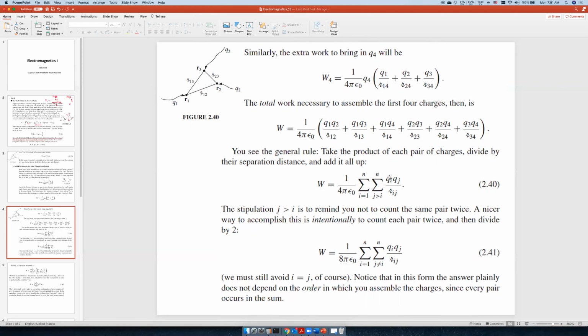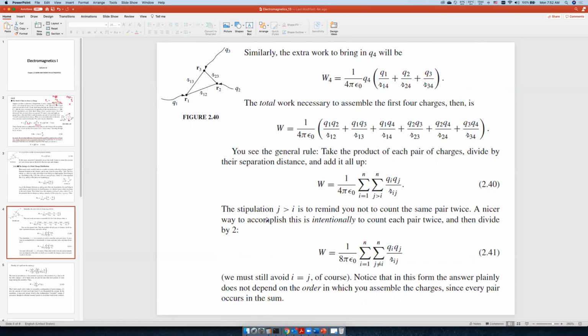For example, you can't have Qi over Rii, because Rii is not the work needed to generate the set of charges. It's the self energy of Qi. So we don't want the indexes to be the same.